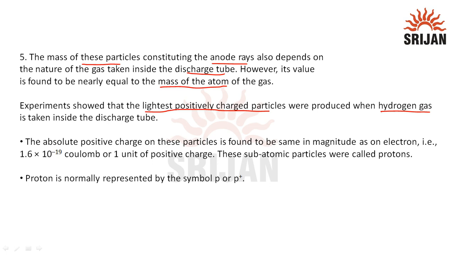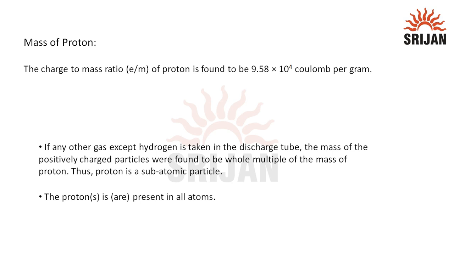The absolute positive charge on these particles is found to be the same in magnitude as on an electron, that is 1.6 times 10 to the power minus 19 coulomb, or 1 unit of positive charge. These subatomic particles were later on called protons. So this is how the discovery of proton took place, and it is denoted by the symbol P or simply P positive.